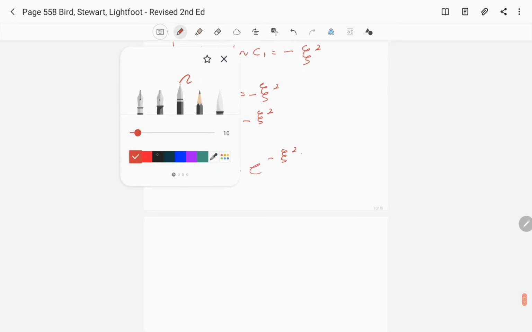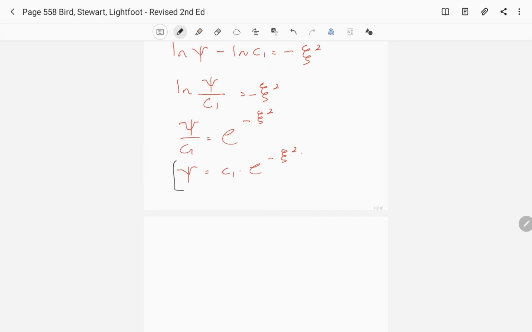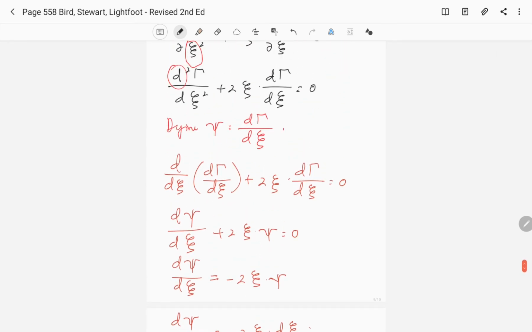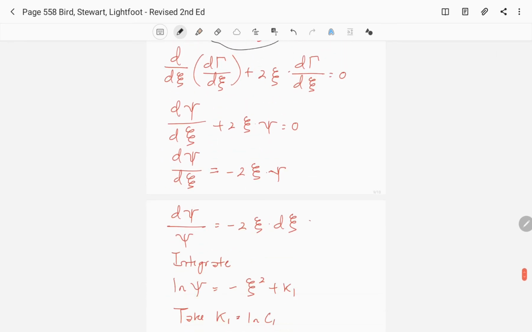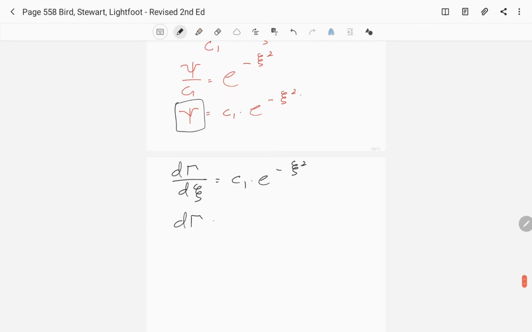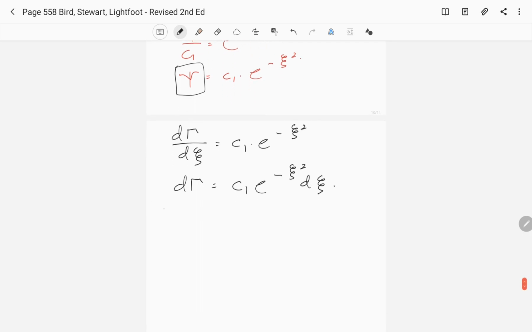Okay, then we can convert back these variables back into the original definitions in here. If we do that, then we'll get this divided by will be equal to c1 e. Then we can integrate this.